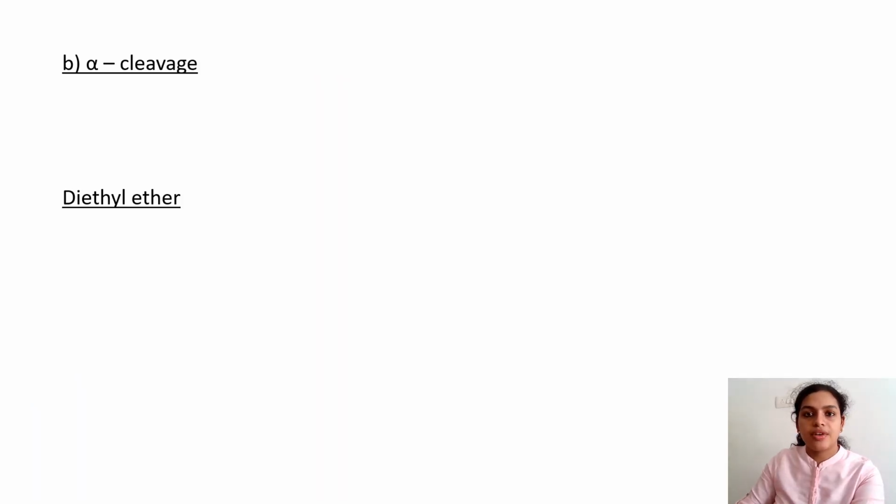When it comes to alpha cleavage, the fragmentation is very simple. We can write it like this. That is R O R dash. R O R dash is our ether. Here is the molecular ion dot plus. It can be fragmented in 2 ways.